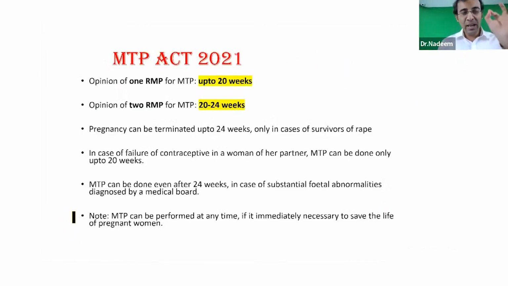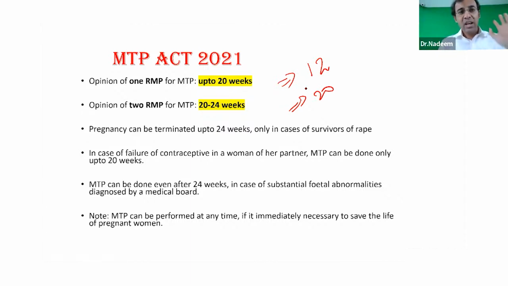So now please understand the MTP Act. Last time this was a question. The new MTP Act: earlier, the opinion of only one doctor was enough up to 12 weeks of pregnancy, and two doctors up to 20 weeks, as per the 1971 MTP Act.